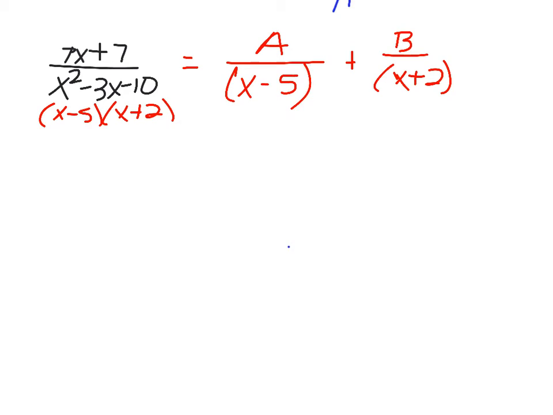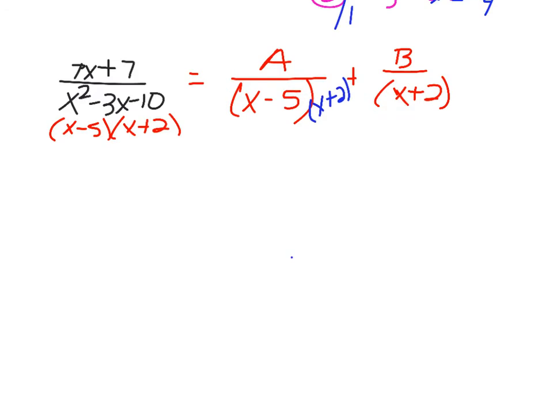All right, so I need to get the same denominator, so I multiply this one by x plus 2, numerator and denominator, and this one by x minus 5. All right, so now that I have the same denominators, I'm really just worried about the numerators now, so I could get rid of that.